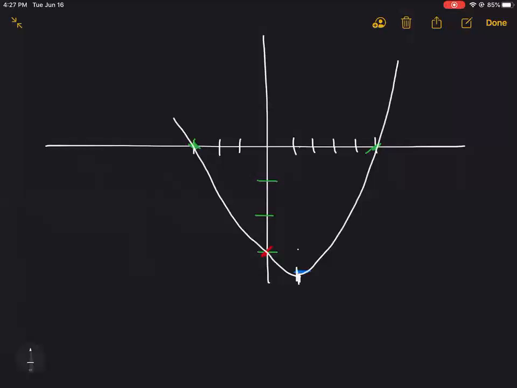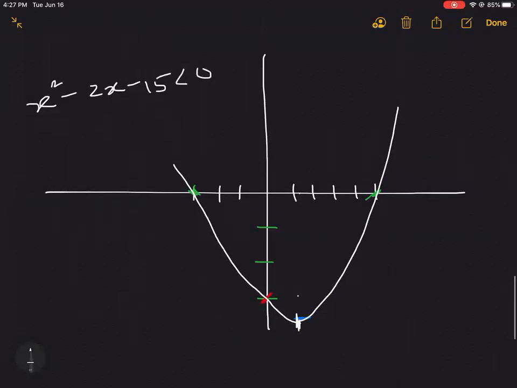Okay. Now, if you remember, what is the question again? Okay, so solve the inequality, which was x squared minus 2x minus 15 less than or equal to 0.